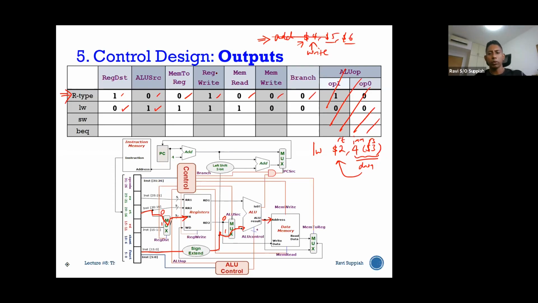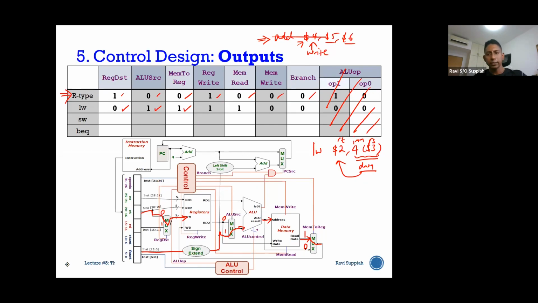We want that data to be read out, and that data is the one that is going to be returned back to the register. So we want the line on top to be channeled through. So that is 1, this is 0. That is why this multiplexer has a value of 1, because for this last multiplexer, the 1 is on top, 0 is below.